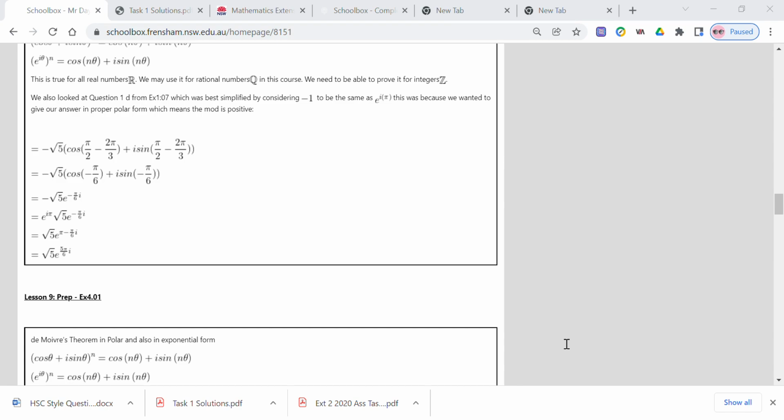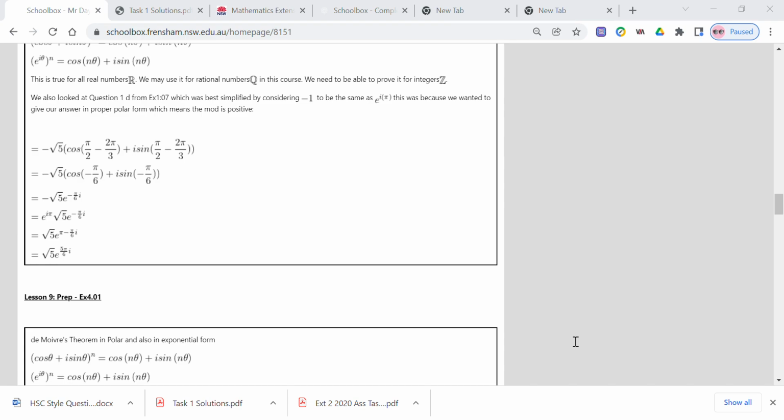That way, you could put the e's together, and when you do e to the i pi times e to the minus pi on 6 i, when you multiply, you just add the two. So add them up and I've got 5 pi on 6, and now I've got the final answer with a positive mod at the front.